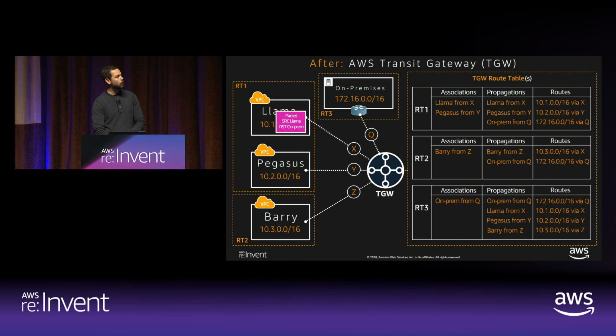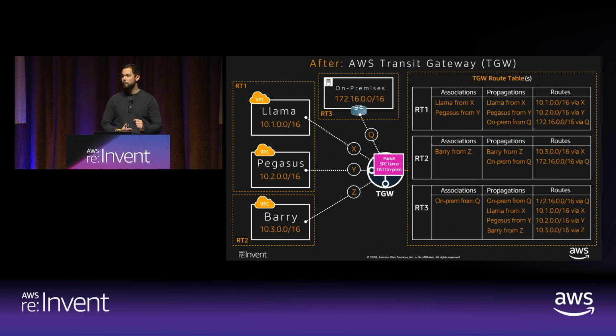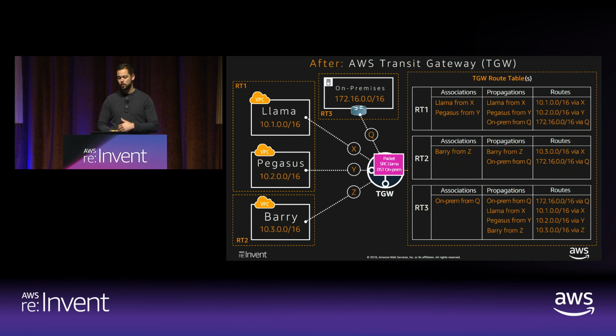So let's look at a packet as it comes from Llama. What happens? The packet gets sent out the attachment because we had a route in the route table of Llama that sends traffic to the TGW, which is destined towards the 172.16. Then there's a lookup. We say, okay, Llama is attached to, associated with route table 1. Great.